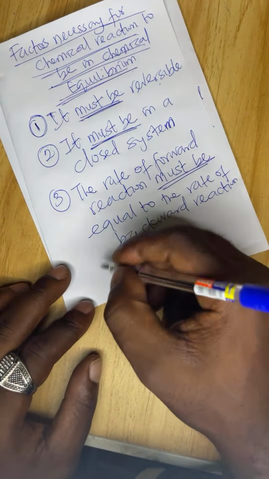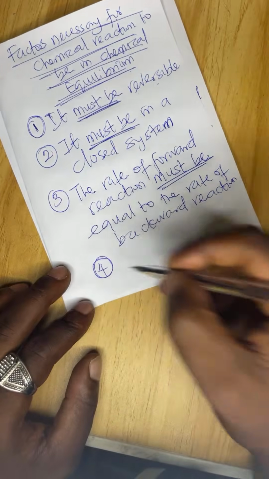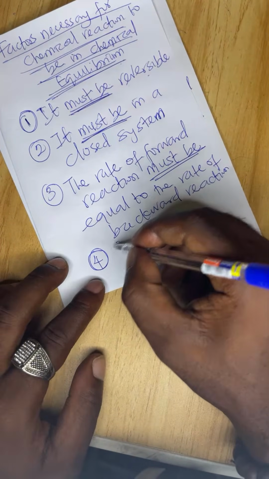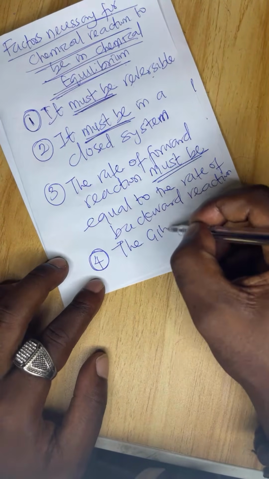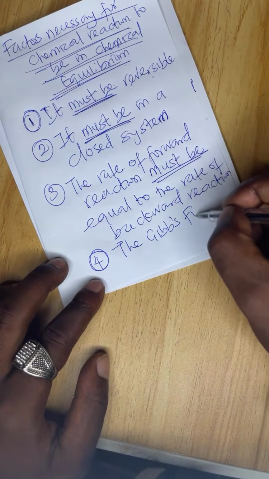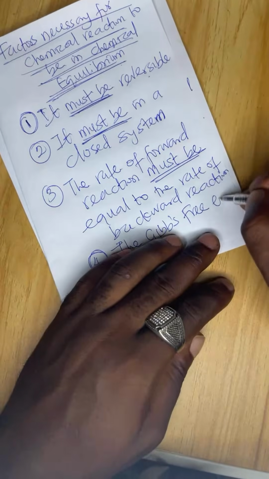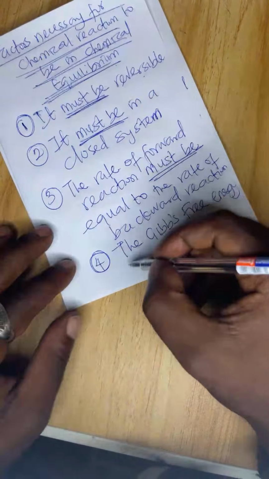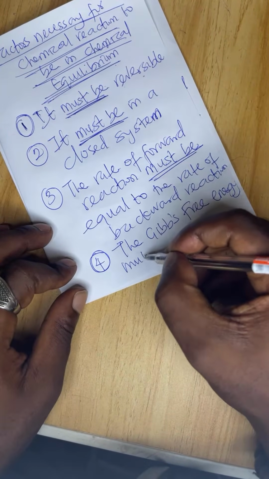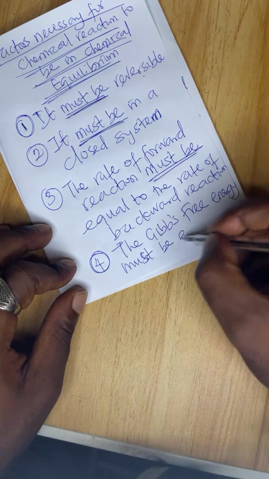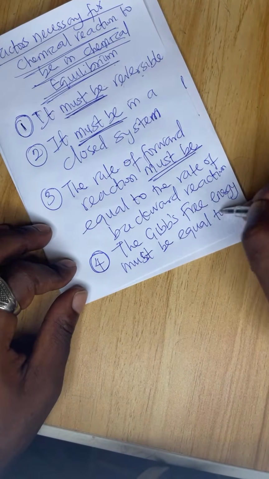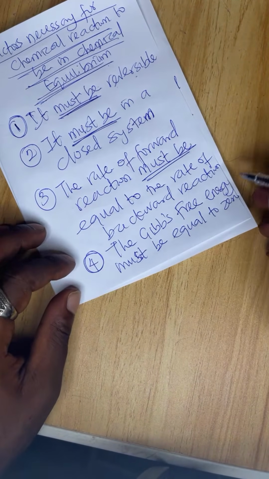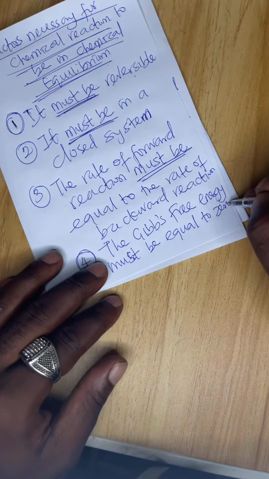Now, they can add another one for you, and I know that you must have heard it. They will tell you that the Gibbs free energy must be equal to 0 for a reaction to be in chemical equilibrium.